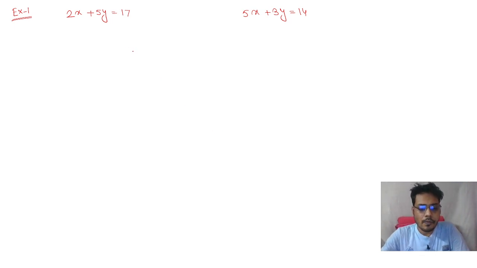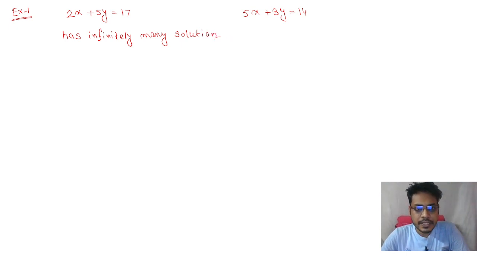Let's check. If it has infinitely many solutions, then a1 is 2, b1 is 5, and c1 is minus 17, because we can write this in this way also.